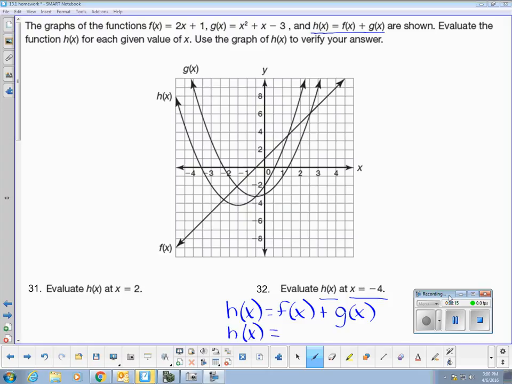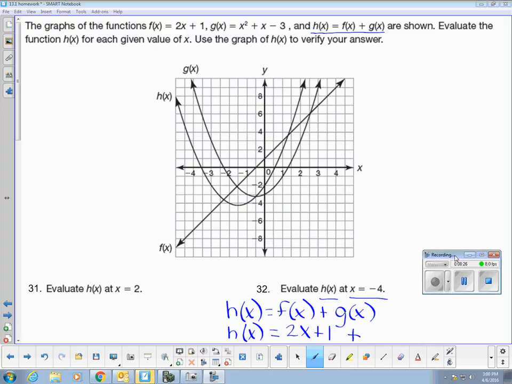The function f of x is defined as 2x plus 1 together with the function g of x is defined as x squared plus x minus 3.